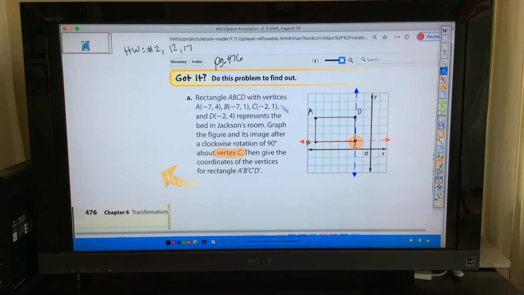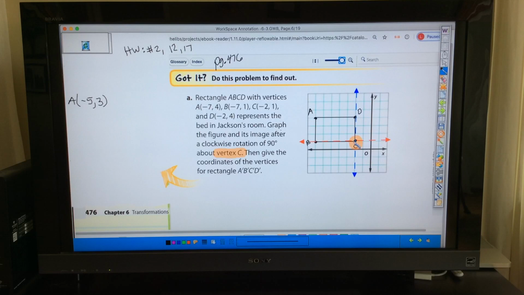What that means is that these are no longer accurate. These have all shifted because our origin has shifted. So I'm going to list out my new vertices here using this as the origin. A is now located at negative 1, 2, 3, 4, 5, and positive 1, 2, 3.